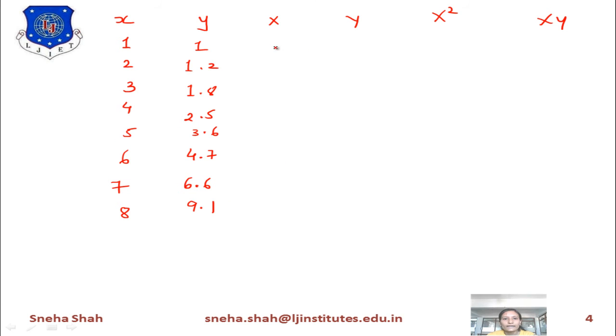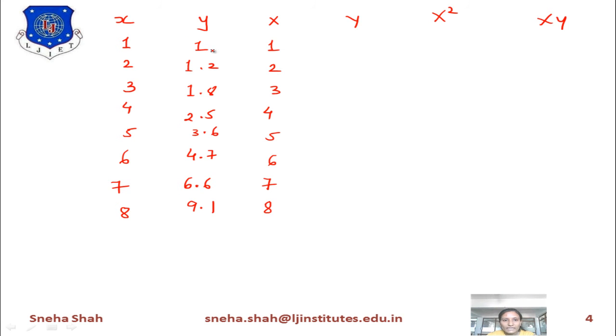Now we want to find the value of capital X. Capital X equals small x, so I will write down these values as they are: 1, 2, 3, 4, 5, 6, 7 and 8. Now we want to find the value of capital Y. Capital Y equals log of small y.